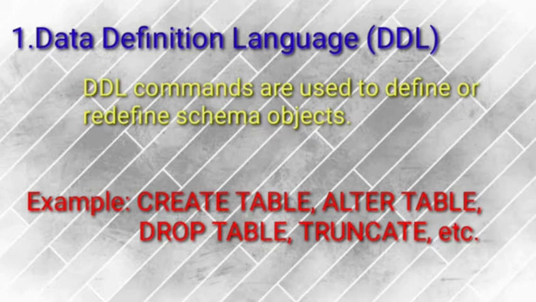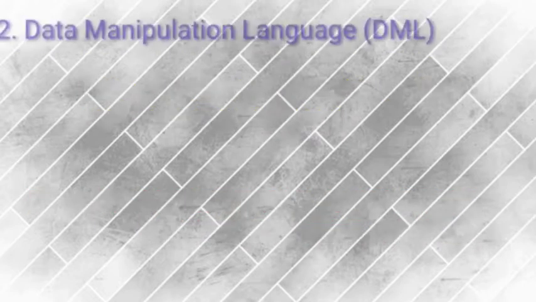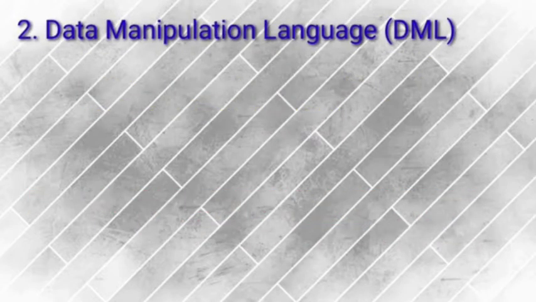So these are the commands. We will be seeing practical videos also for these commands. Right now you just understand that data definition languages are used to define the table or make any changes to the structure of the table. Example: create, alter, drop, and many more. We'll be learning soon. The second set of commands which we are going to learn is used for manipulating the data inside the table.